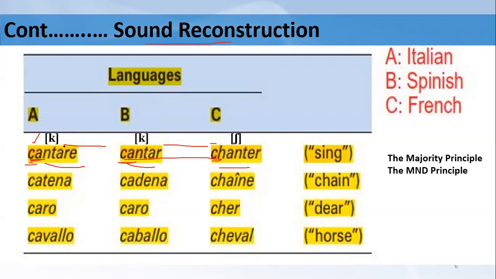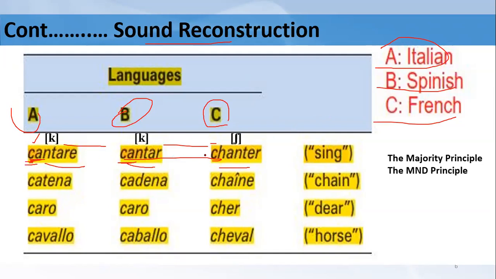These are sets of cognates, fine. The words under A are from the Italian language, the words beneath B are from the Spanish language, and the words listed under C are from the French language. Now let's look for the sound reconstruction, whether the original form was with the k sound or with the sh sound.